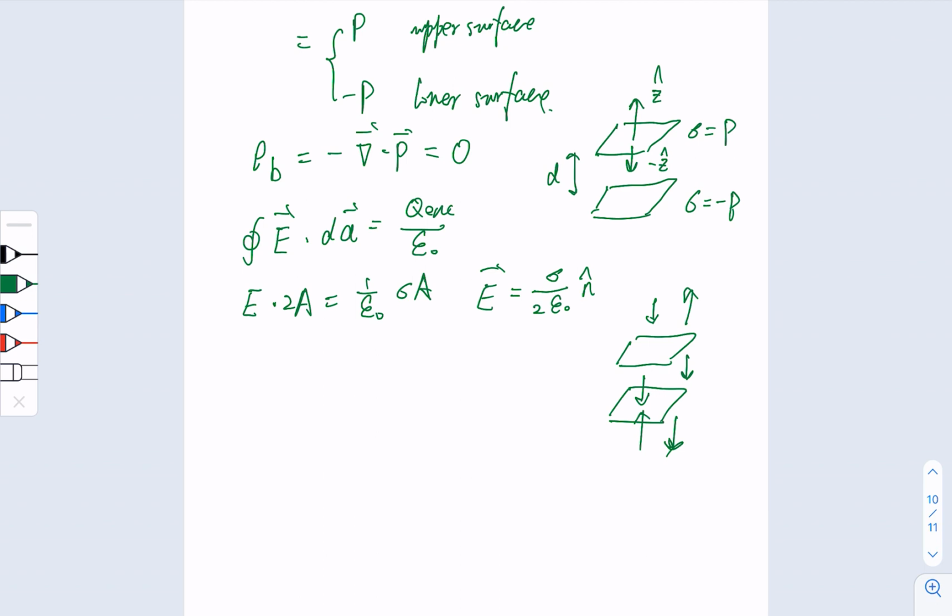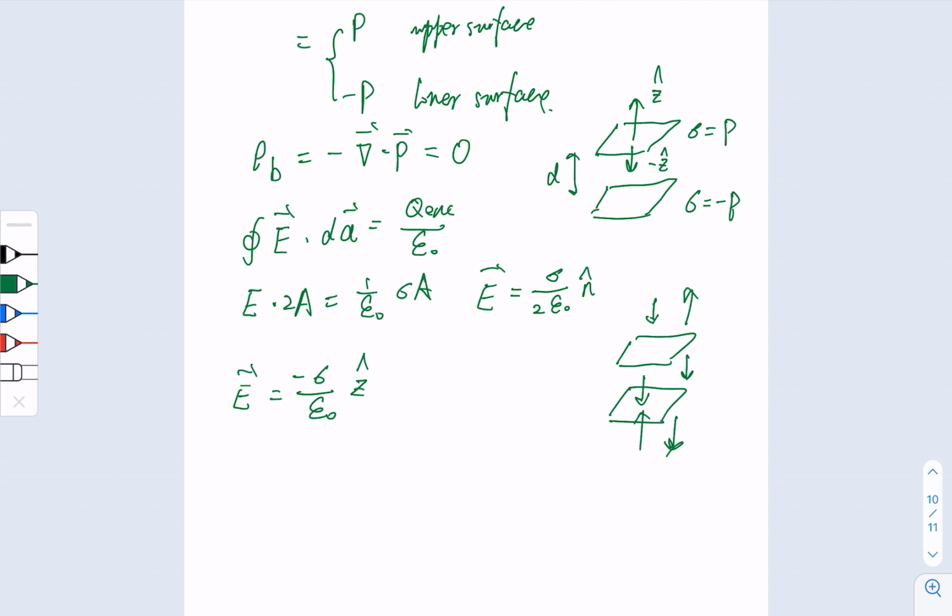The E field within the plane should be twice this E, and because it's pointing downwards, there is a minus sign here.